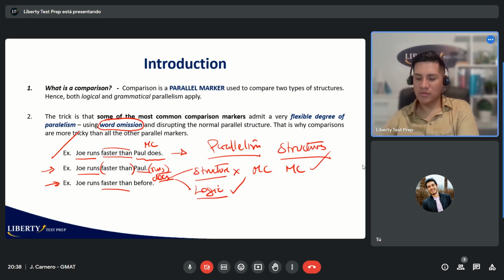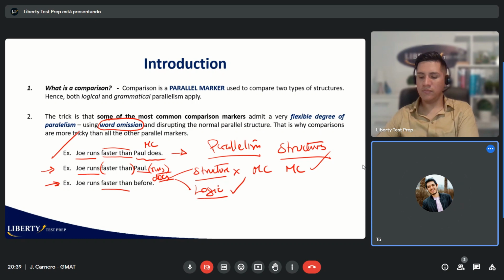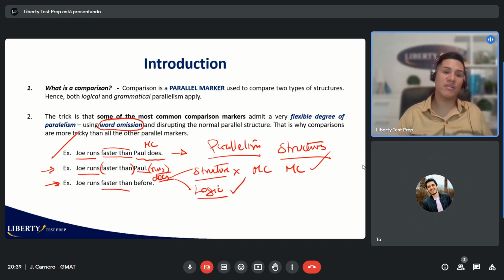How are you going to add it? He did it before, something like that. A clause here. So if we add that, that whole thing would be fine, structurally and logically. That's an acceptable omission. Okay, so that's basically comparisons.